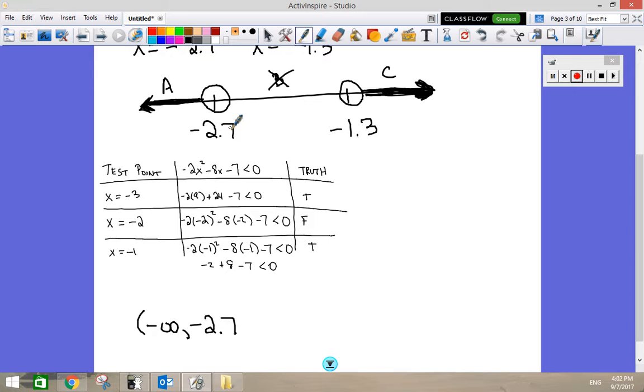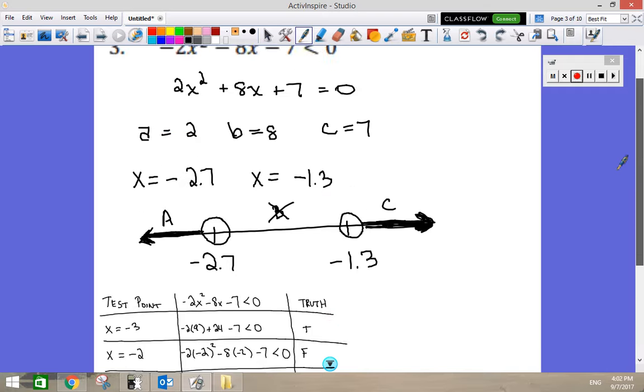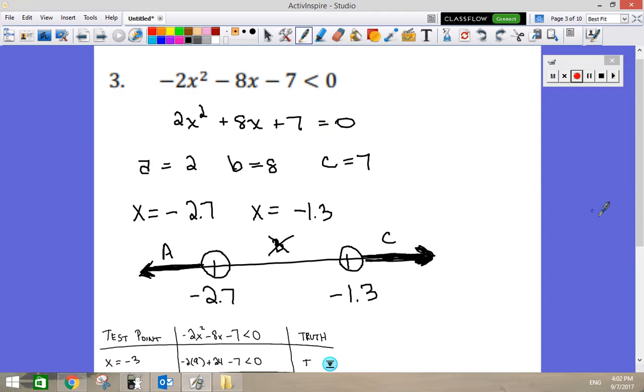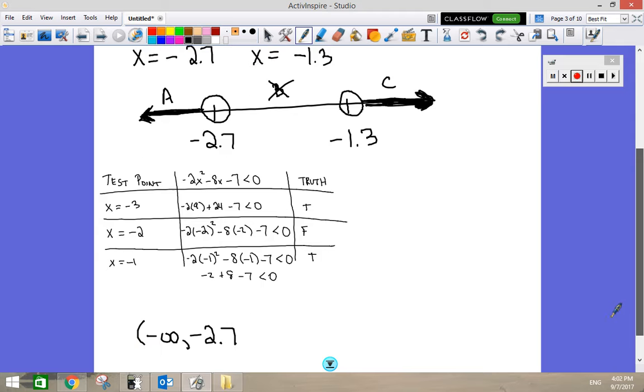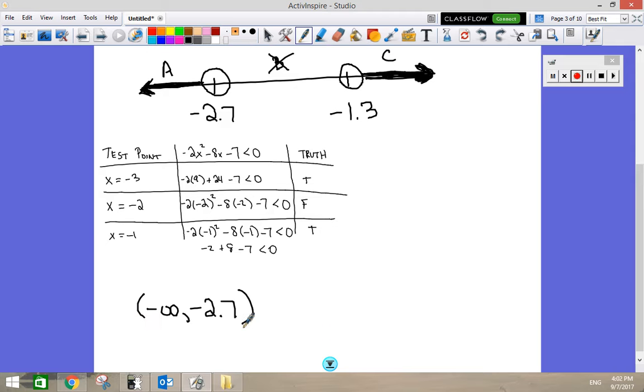I'm going to exclude this number because it was a strict inequality, so x is strictly less than -2.7. And I'm going to use the union, the mathematical symbol for the word or. We're bigger than -1.3 all the way to positive infinity. So there's my final answer.